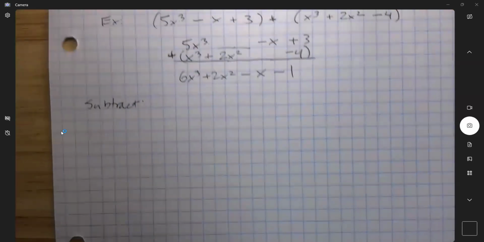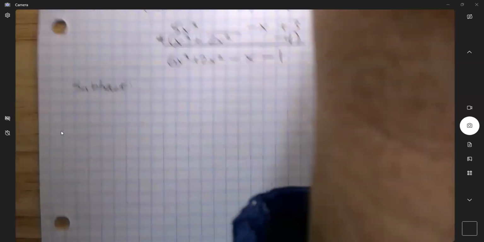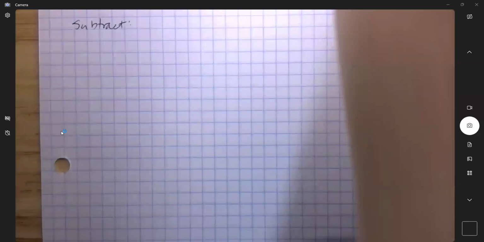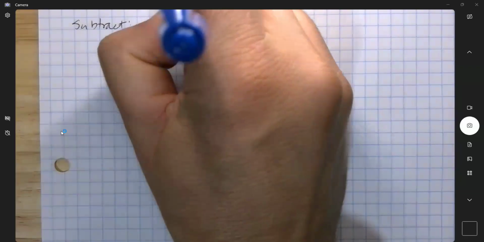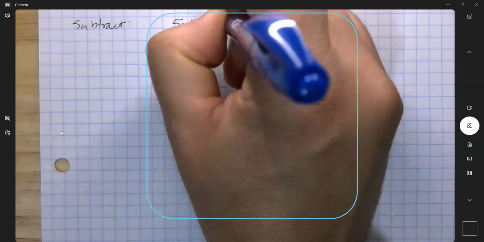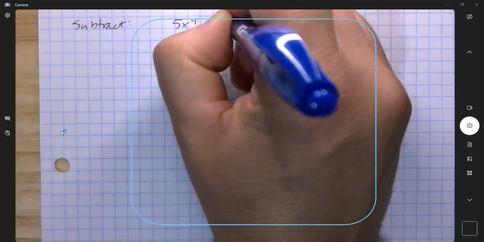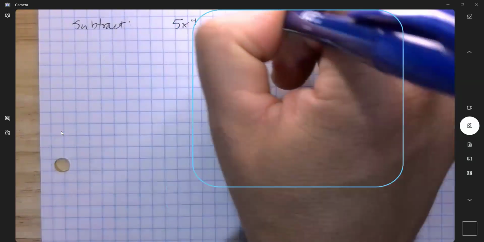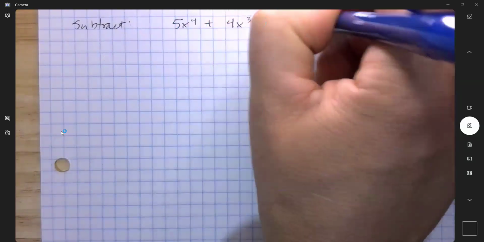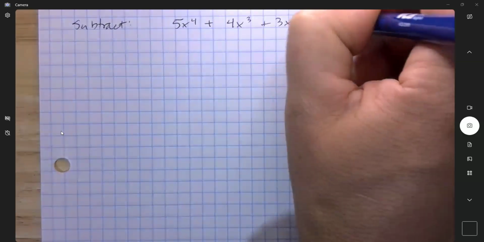All right, let's do an example where we subtract polynomials. And let me do something like 5x to the fourth plus 4x cubed plus 3x squared plus 2x plus 1.